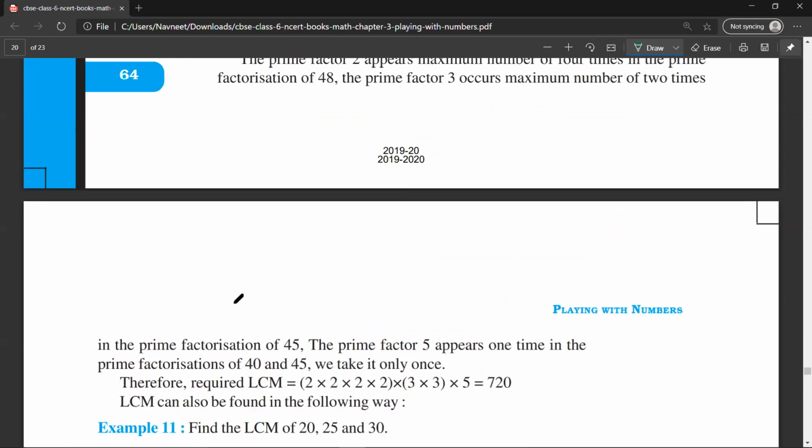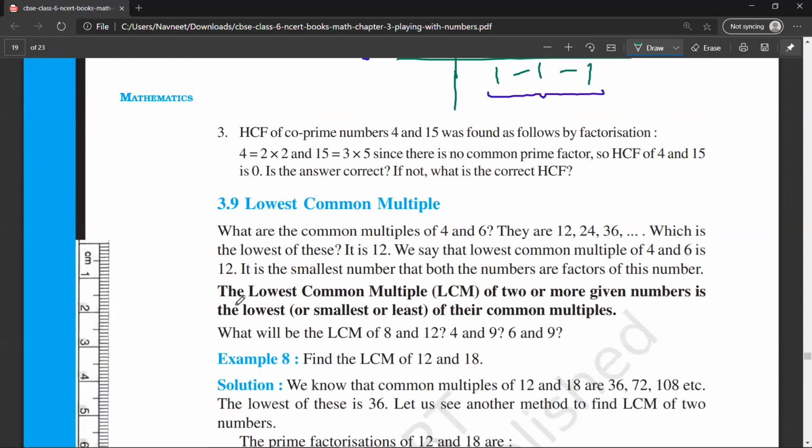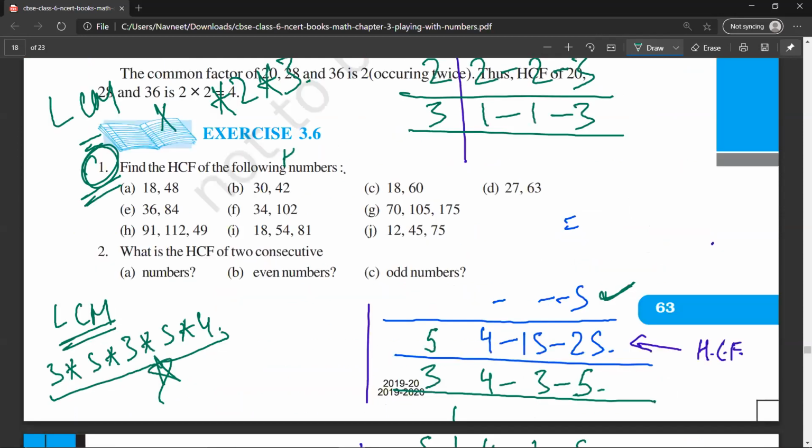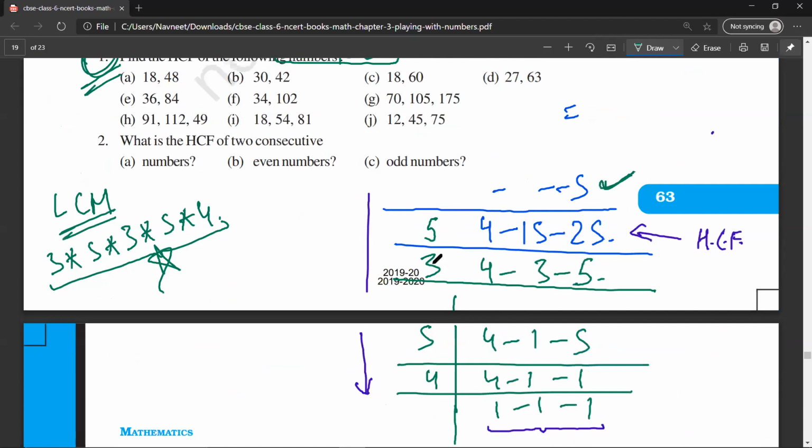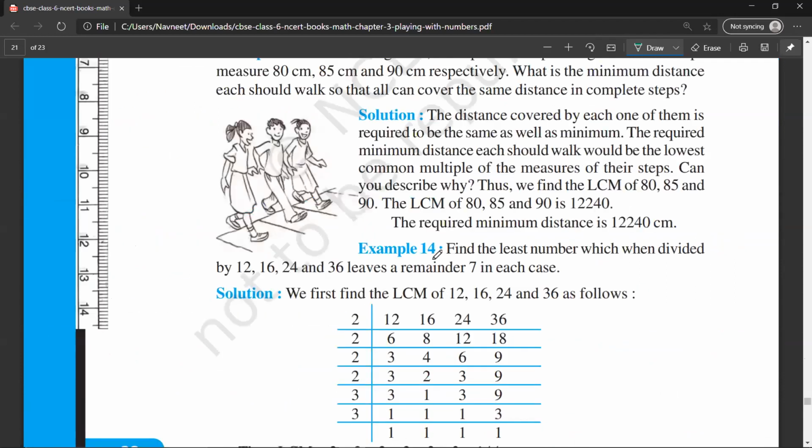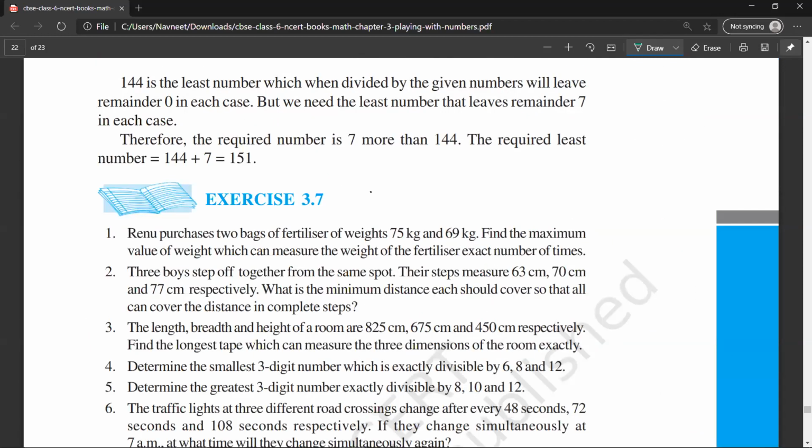Your homework would be, you have to find the HCF as well as LCM. I'll mention it in the homework. You have to find both the HCF and the LCM, and you have to do this exercise 3.7. Here you have to find, I think, the LCM only.